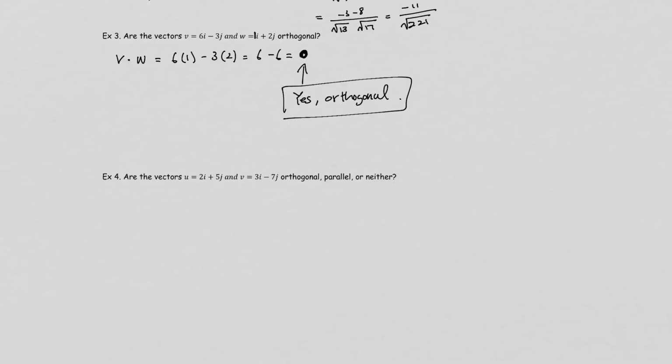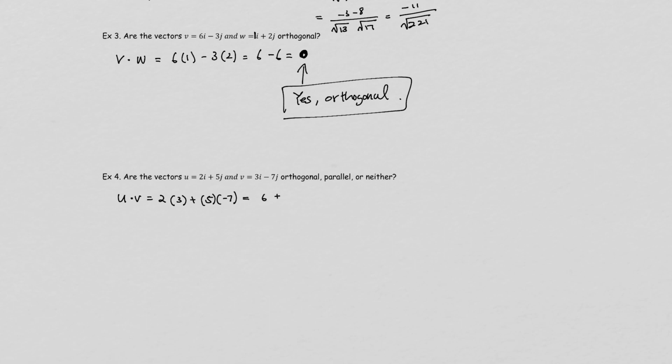Next example, it says, are the vectors u and v orthogonal, parallel, or neither? So in order to see if these two given vectors are orthogonal, you want to multiply and see if this gives you 0, like in example 3, right? So that's the first test I wanted to do. So you will do u times v, which is 2 times 3 plus 5 times negative 7.